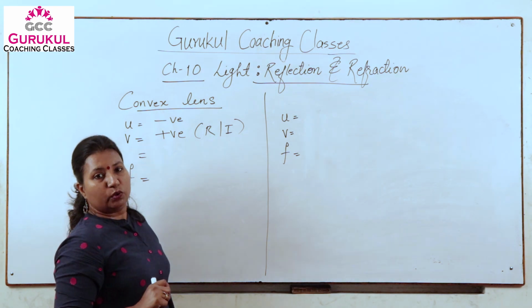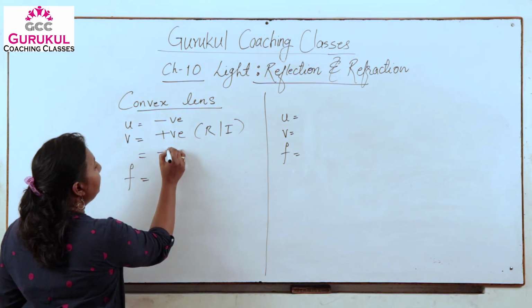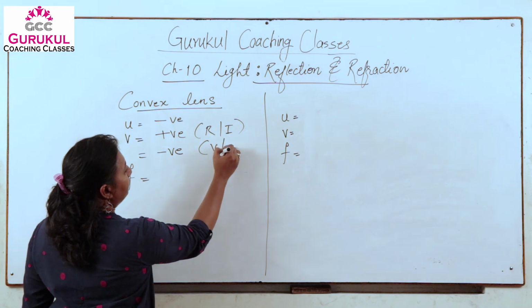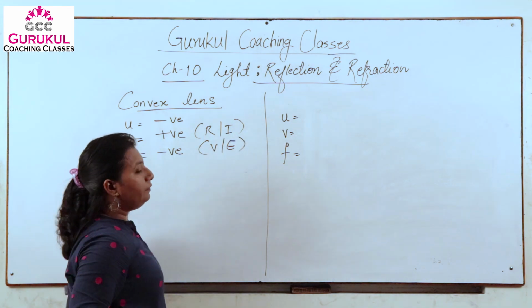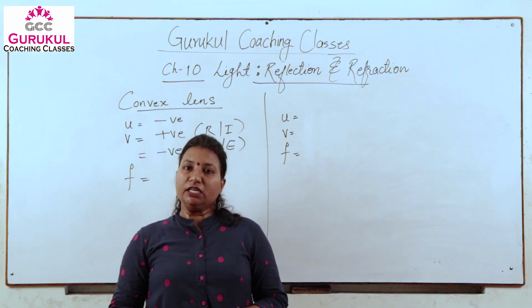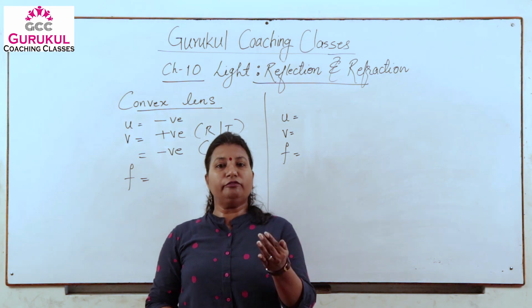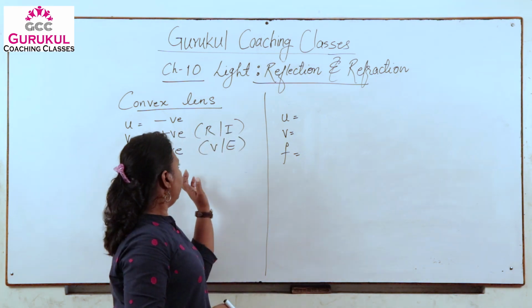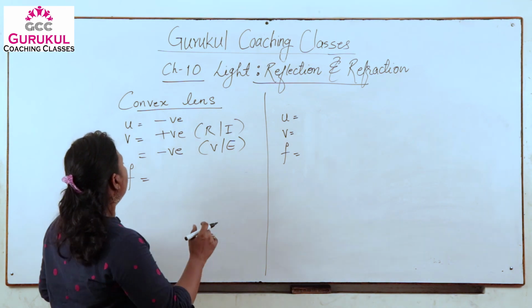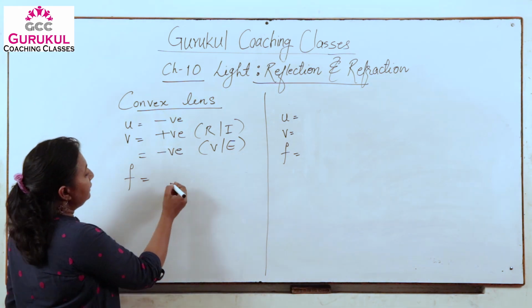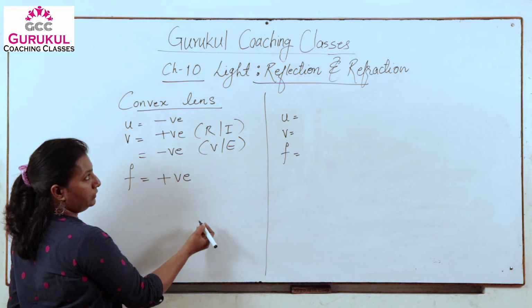If the image is virtual and erect, it will be negative, right? A virtual and erect image in case of a lens forms in front of the lens, so that will be taken as negative. The focal length of a convex lens is always positive.